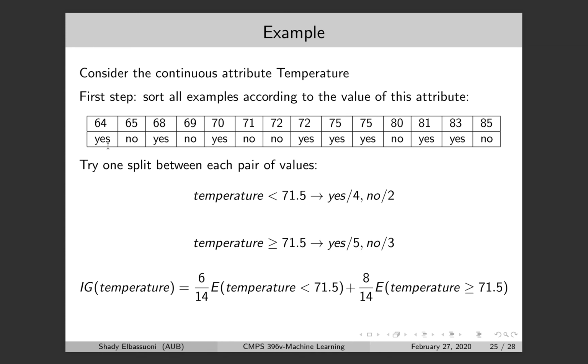That's 6 over 14 entropy of temperature less than 71.5 plus 8 over 14 entropy of temperature greater than 71.5. Of course, this is subtracted from the entropy of the parent node. And then I repeat this for other split points, and then I pick the split point that gives me the highest information gain.